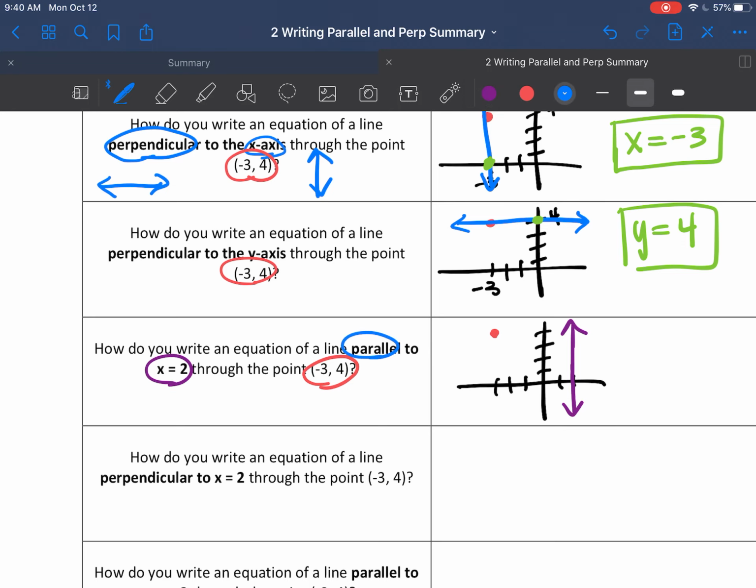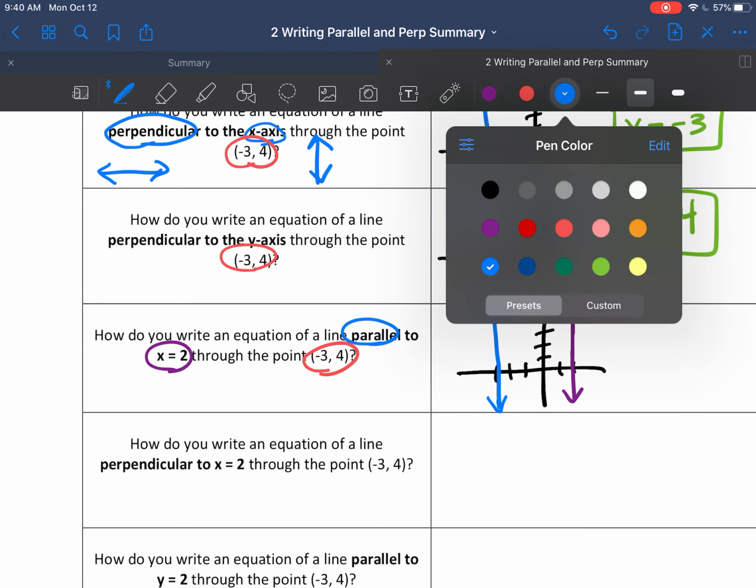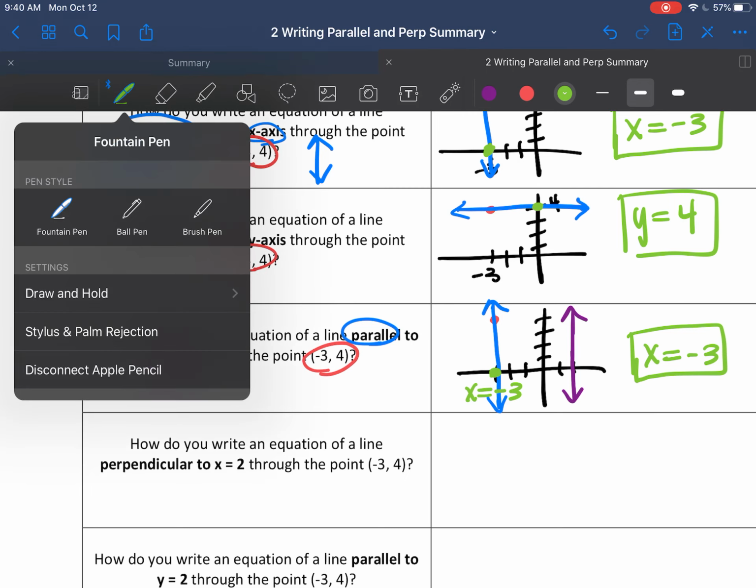And we need this to be parallel to it and through the point I've plotted. And so that's the line they want. Crosses at x equals -3. So there's our answer. It's a vertical line through x equals -3.